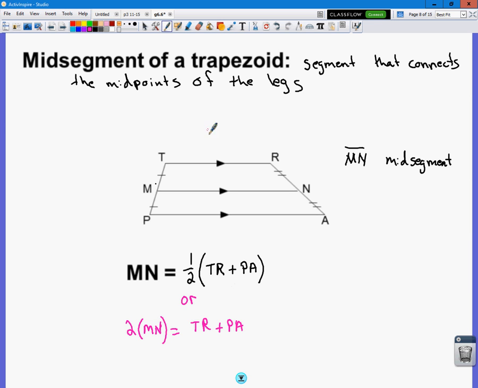If they give you numbers for TR and PA, this is easy to work with. But if these are all variable expressions, it's easier to work with the second equation. MN, the mid-segment, if I take 2 of these and put it together, it would be equal to TR and PA put together.